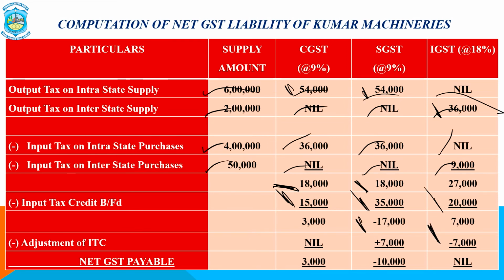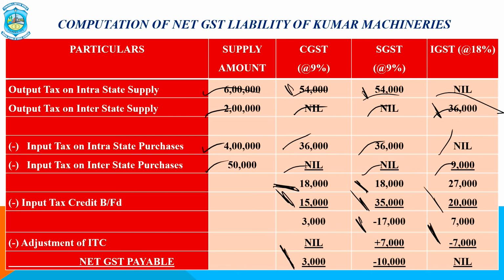So, IGST will become nil and we have minus 17,000 plus 7,000, it will become minus 10,000, but CGST will remain the same. The reason is we cannot utilize SGST for the payment of CGST.